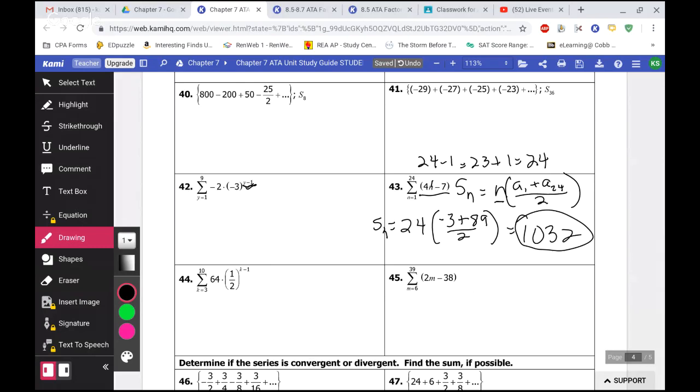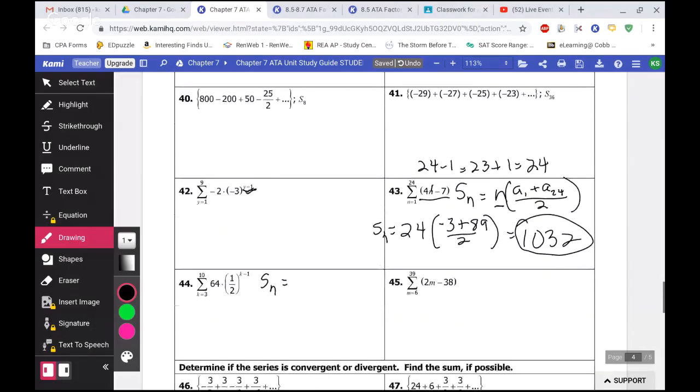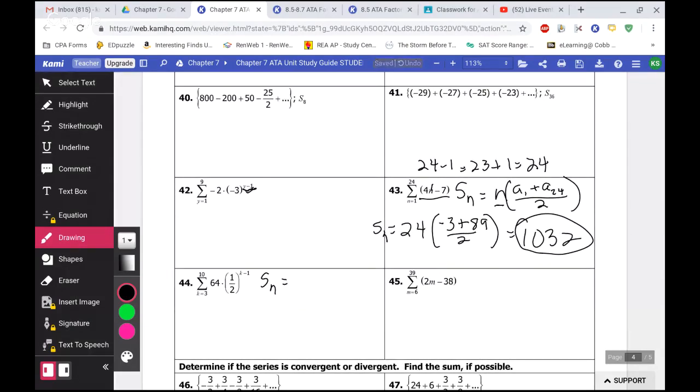That's going to be S sub n, and it's going to be A1 times 1 minus r to the number of terms, all over 1 minus r.